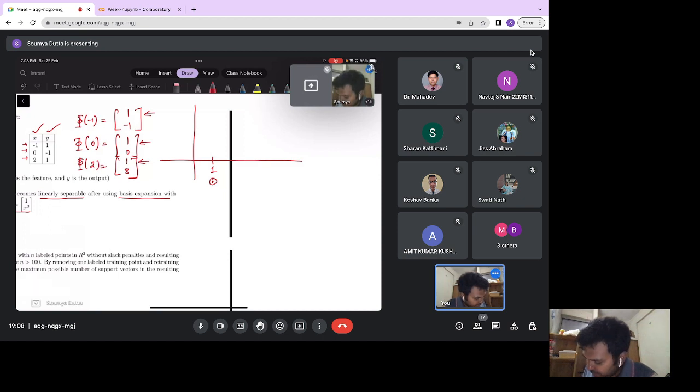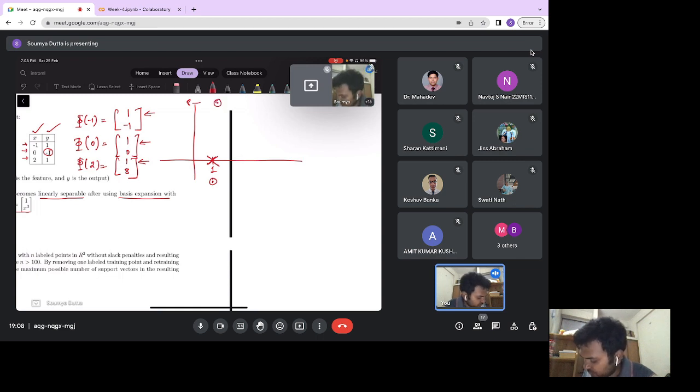The second point is this one, which has 0. So it has a y of minus 1, so the label of that is minus 1. I'm denoting that by cross. And the third one is again of the same class as the first point, and it is somewhere, suppose this is 8, somewhere here.